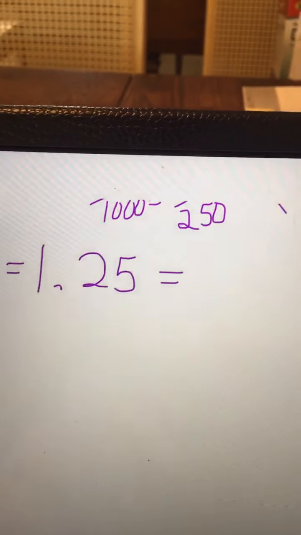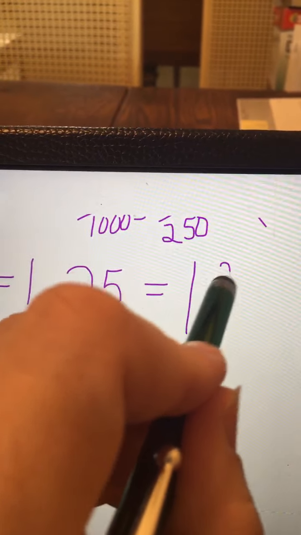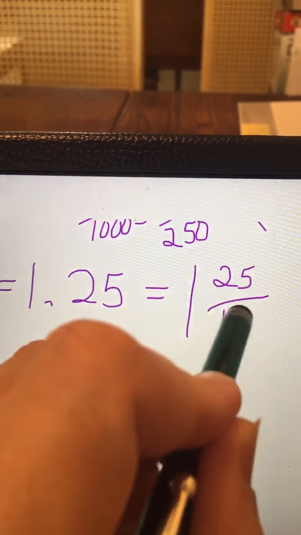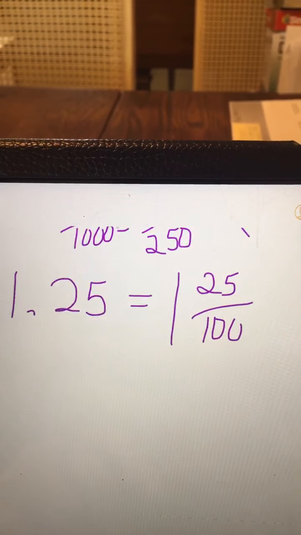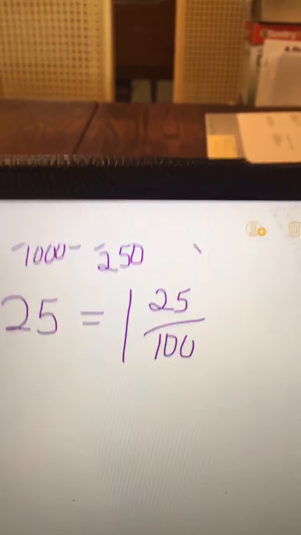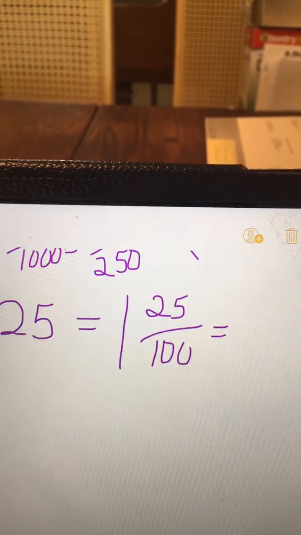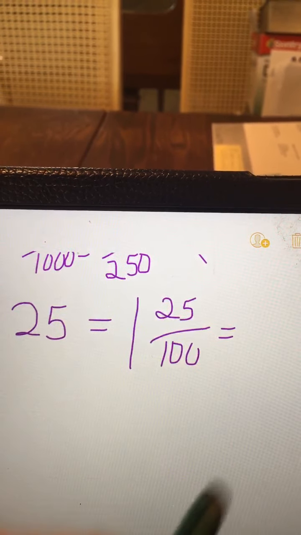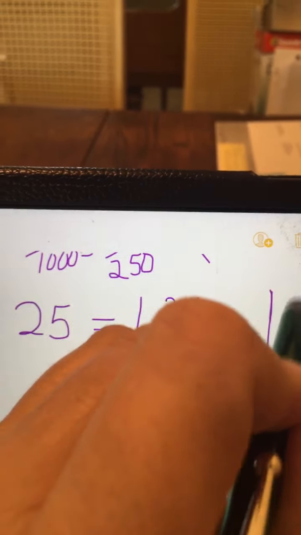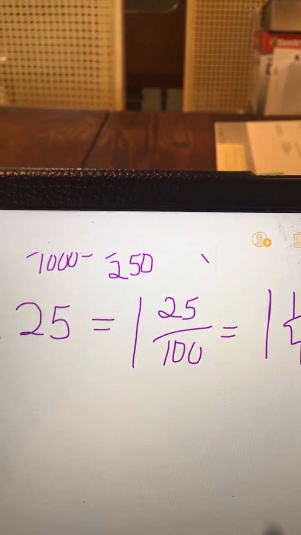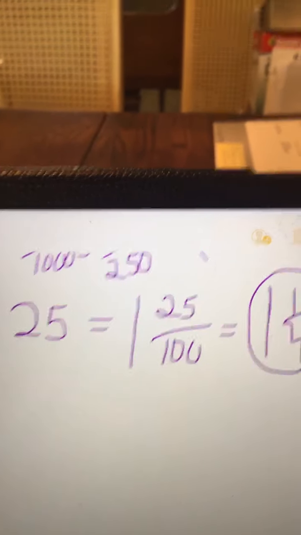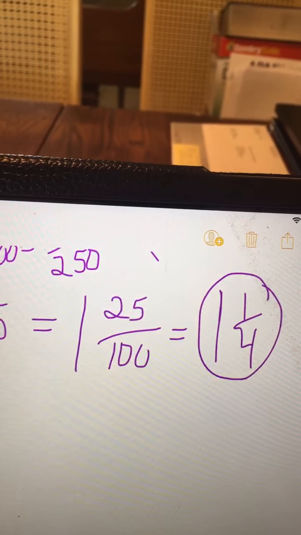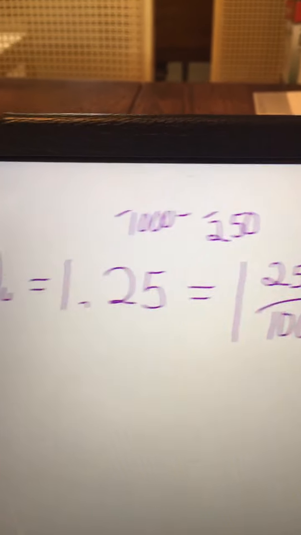So write that as a mixed fraction, 1 and 25/100ths, and simplify. Okay, so what is 25/100ths? If we simplified that, it would be 1/4. So my final answer is 1 and 1/4.